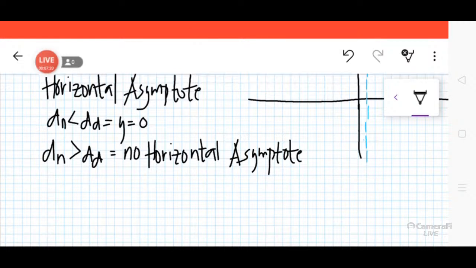First thing we have to know is that when getting the degree of the numerator and denominator, let's focus on the first term, or the leading term, of the given function.